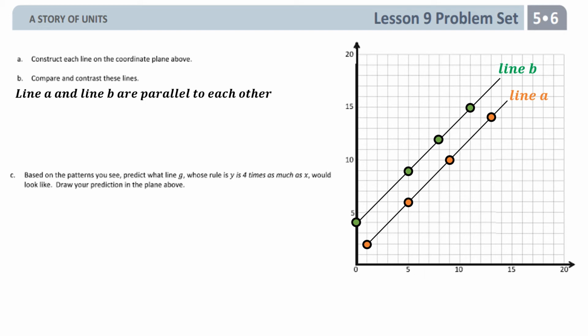Now let's think about what is a little bit different between line A and line B, and think about the distance between these two lines from one point to another.